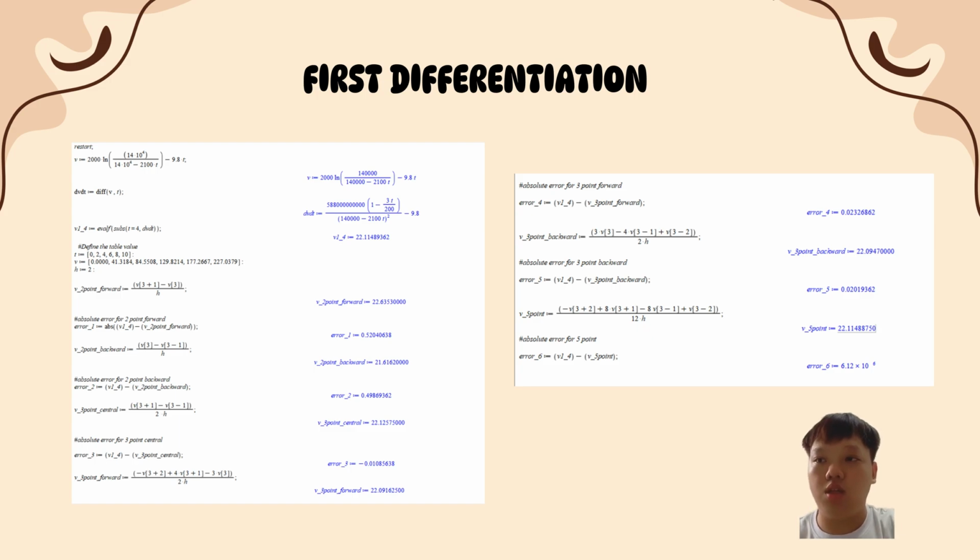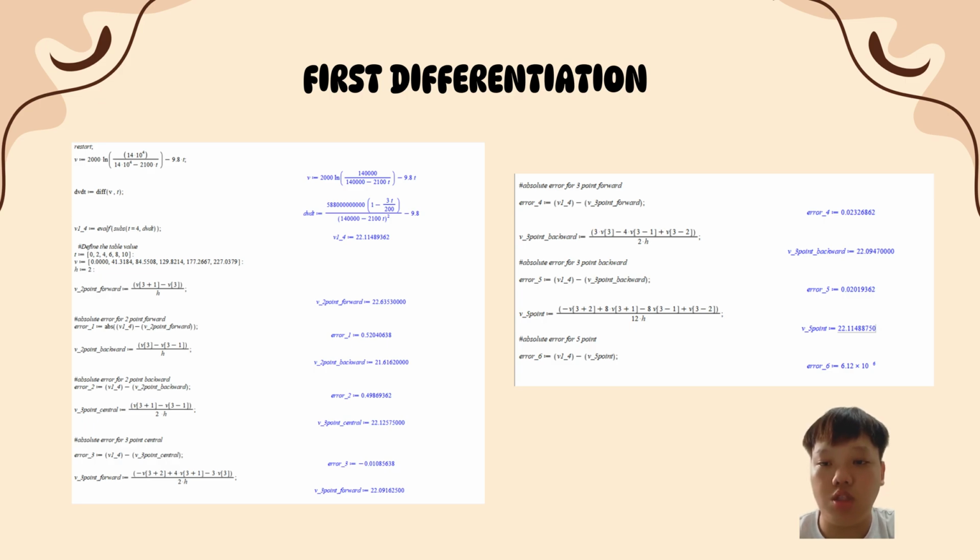So we find that the 2-point forward value is equal to 22.6353, and the error is around 0.5204. The 2-point backward is around 21.6162, and the error is around 0.49x6. For the 3-point central, the value is equal to 22.1257, and the absolute error is equal to 0.0109.